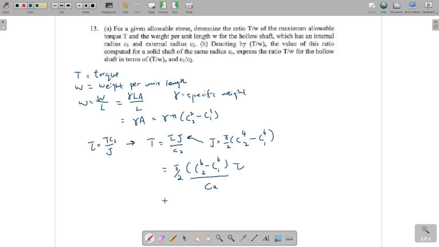And these equations can also be written in this way: C sub 2 power 2 plus C sub 1 power 2, then C sub 2 power 2 minus C sub 1 power 2 times tau divided by C sub 2. Okay.